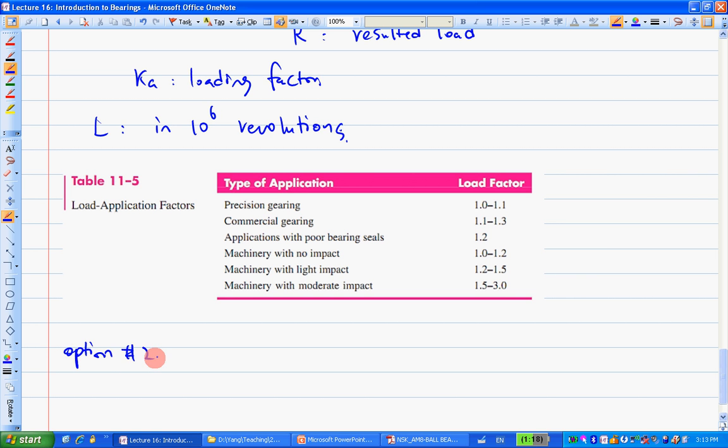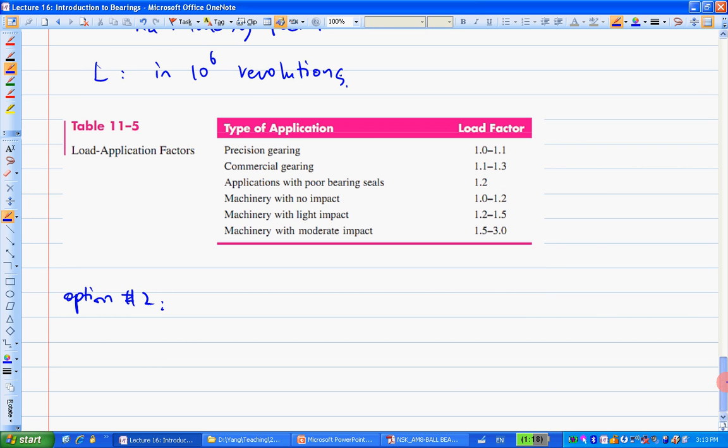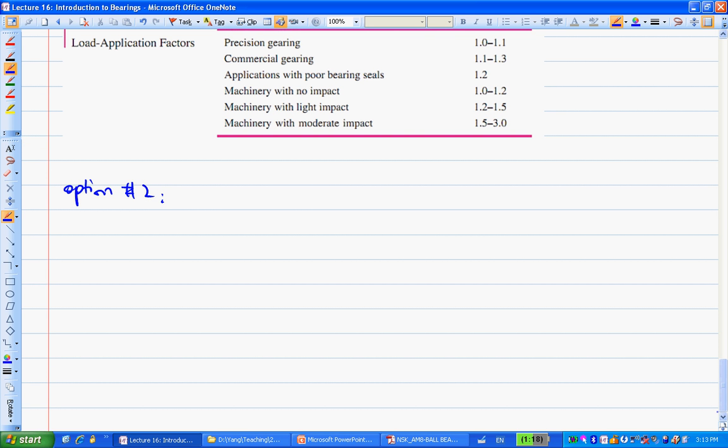it's the textbook option. Here, the calculation of the reliability is based on the probability concept. When you learn probability or statistics, we know that there are different kinds of distributions, right? The most common distribution is what?